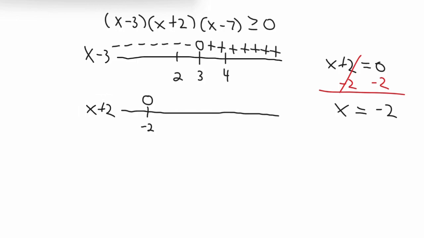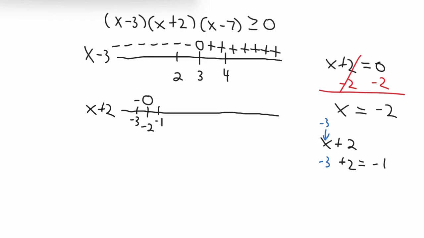Now let's plug in some values on either side of negative 2. Let's try negative 1 and let's try negative 3. I'll start with negative 3 first. So here's x plus 2. We try negative 3 for x, and you get negative 3 plus 2 equals negative 1. So if you plug in values smaller than negative 2, like negative 3, you get a negative value.